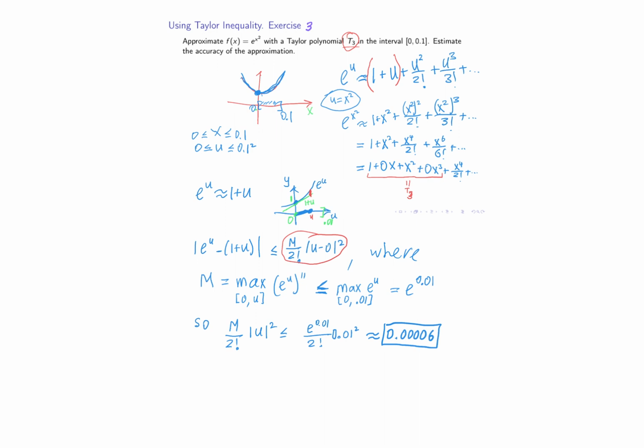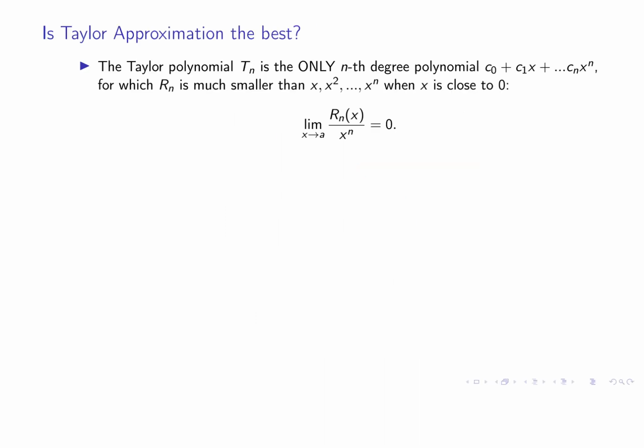The advantage of the Taylor polynomial approximation is that the Taylor polynomial Tn is the only nth degree polynomial for which the remainder is much smaller than any power of x whenever x is close to 0. More precisely, the limit of the remainder over x to the n is equal to 0.